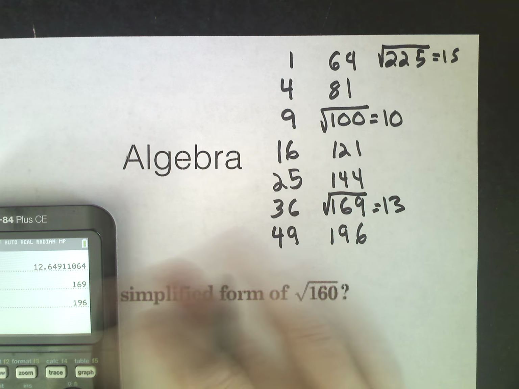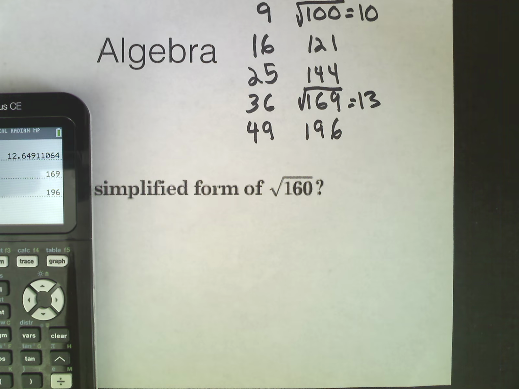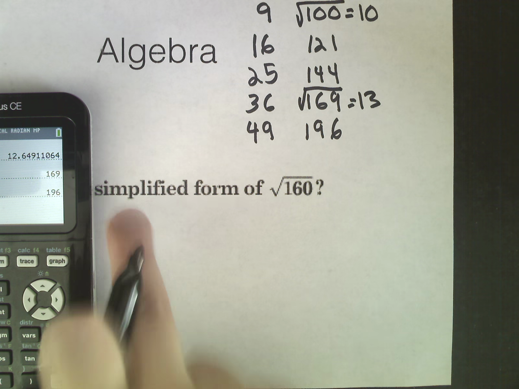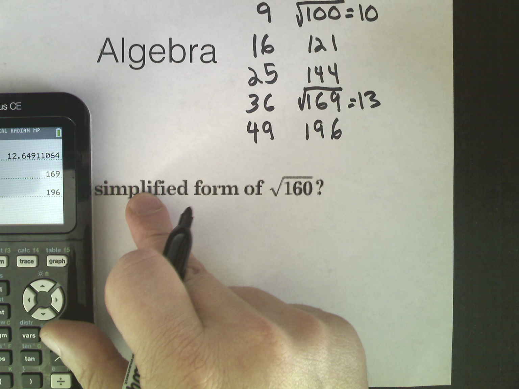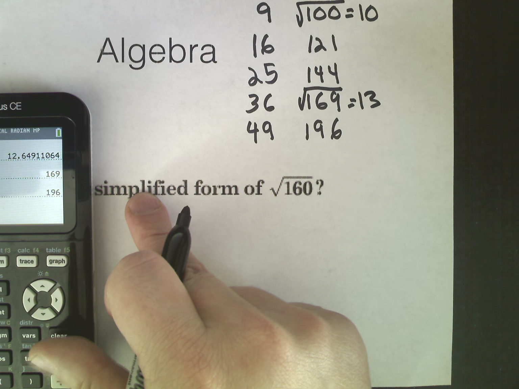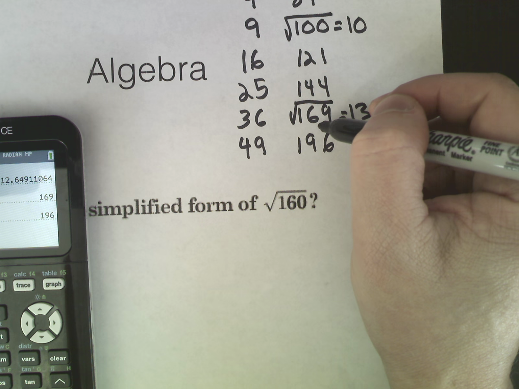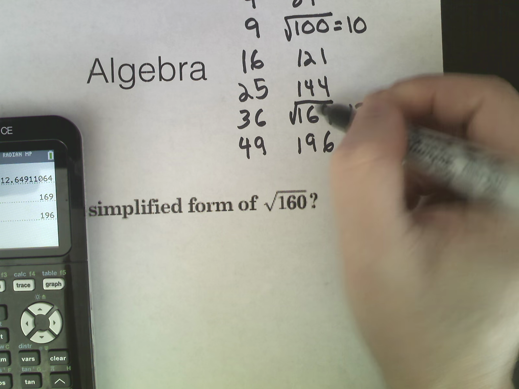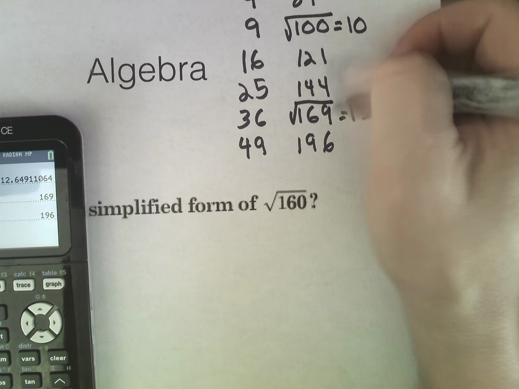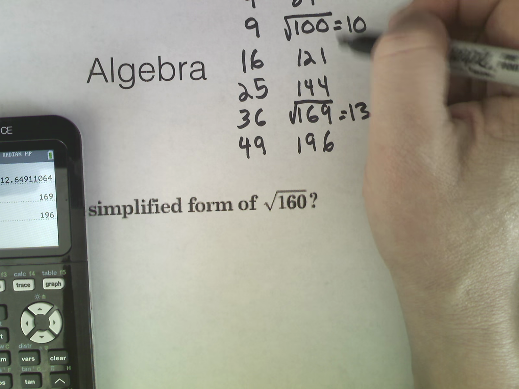Now, this number over here, 160, if I wanted to leave it in radical form, I have to simplify it. This is how I do it. This is my method. I start, this is 160. Now I'm going to start looking at all my perfect squares that are less than 160.